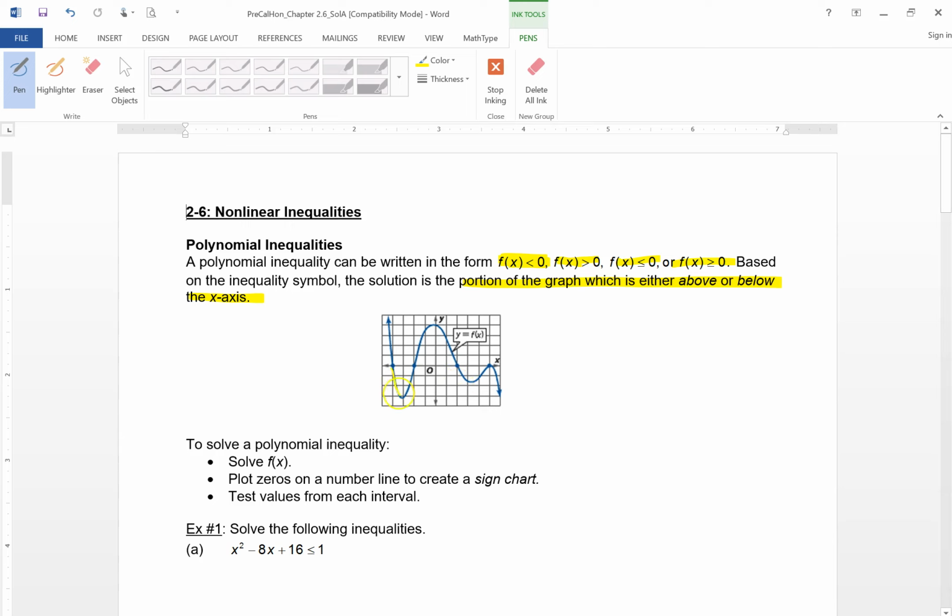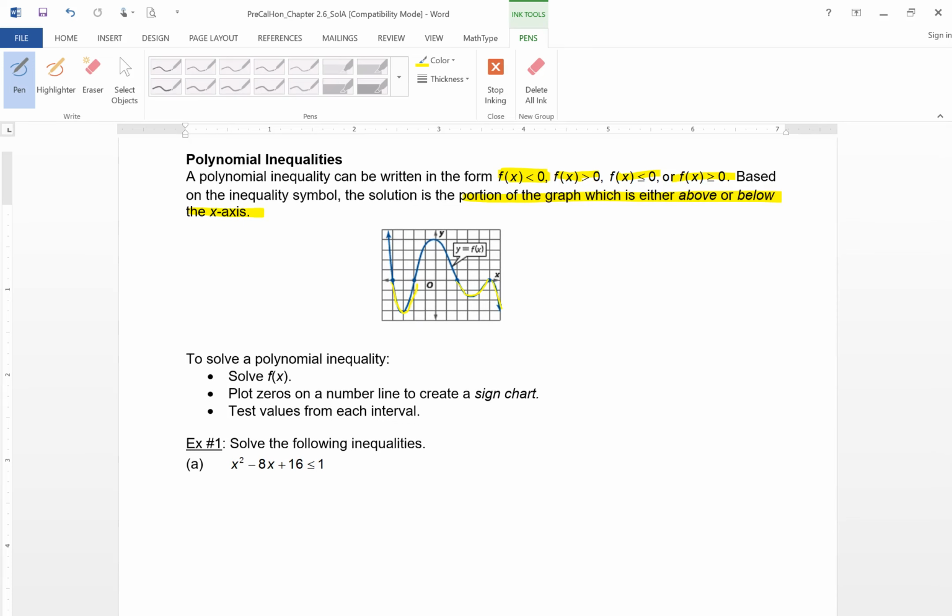So right here are the regions where the graph is below the x-axis. Now, what are the x values where that happens? Well, it's between x equals -4 and -2 here, and it's starting at x equals 4 and going up. So those are the x values.